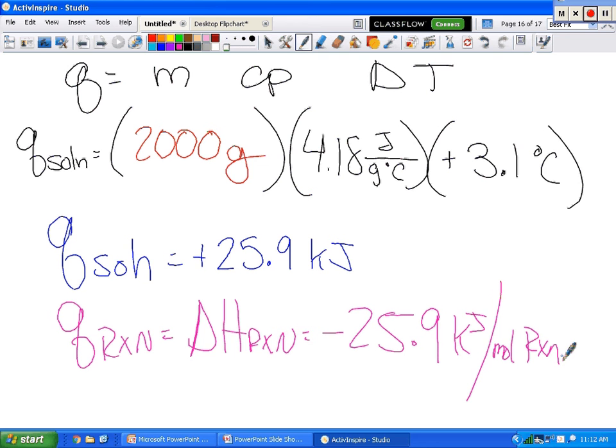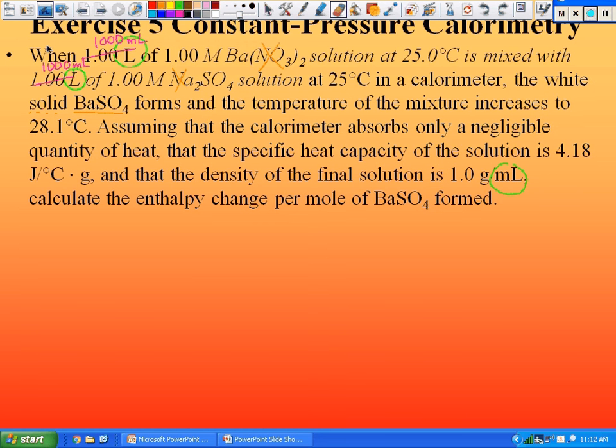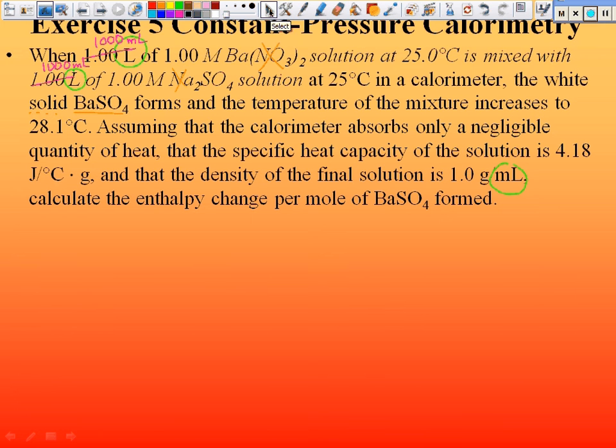Does this make sense? Here's the last question, and we're going to go back to this question because I want to see how much of this stuff you remember. This is what I want to end with today. It has nothing to do with calorimetry. It has everything to do with stoichiometry.